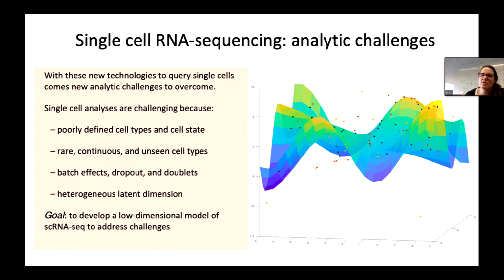And so being able to understand the different latent dimensions and let the data drive those latent dimensions, I think is incredibly important. And this theme is going to come up over and over, where I feel like one of the most important things to analyze and to get right in single-cell RNA sequencing is understanding variation across the population.